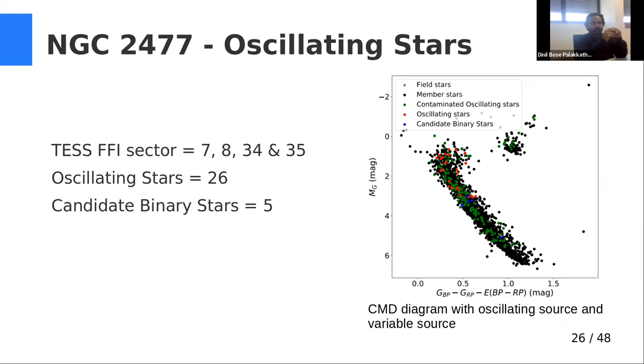When we compared them for these red giant stars, some of the red giants are actually matching. So this indicates that although the stars are contaminated, we still see oscillations in red giants.